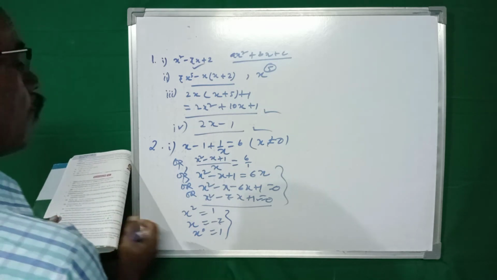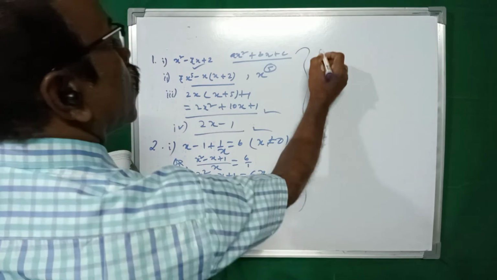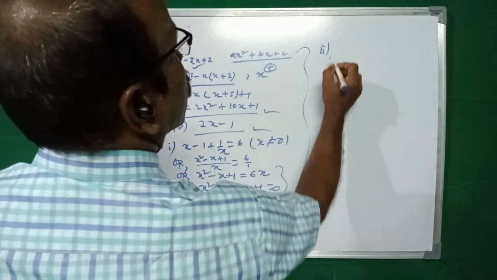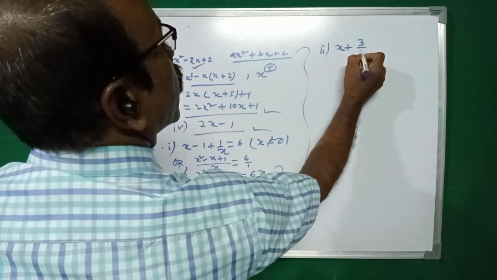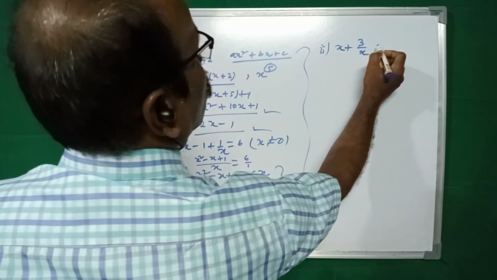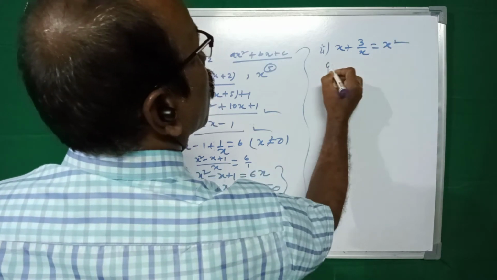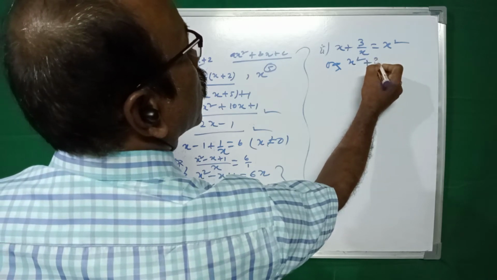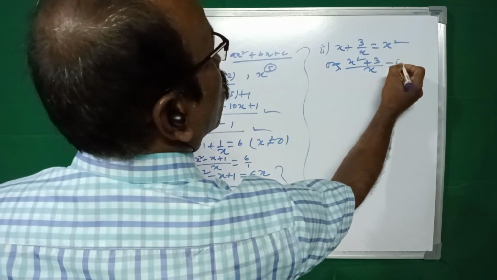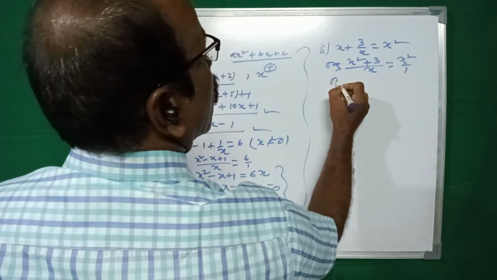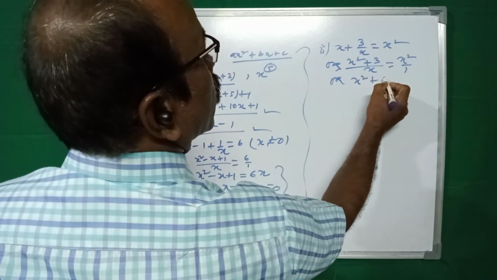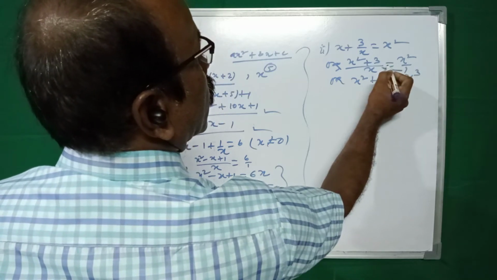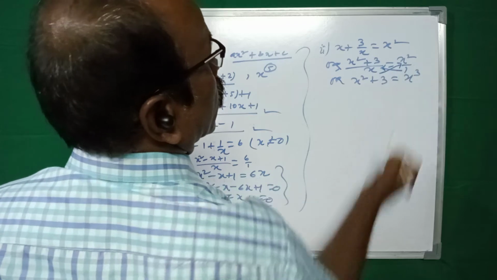Now we can do the second. x plus 3 by x is equal to x square, or x square plus 3 by x is equal to x square by 1, or x square plus 3 is equal to x cube by cross multiplication.